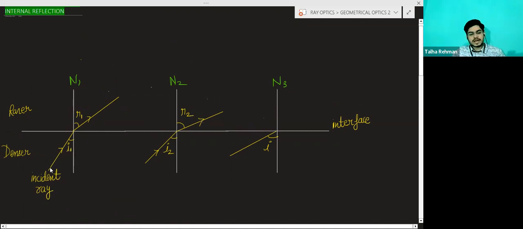Whenever the light ray goes from denser medium to rarer medium, it bends away from the normal. Further increasing the angle of incidence, the light ray bends more away from the normal. Now you can see this R2 angle will be greater than R1.